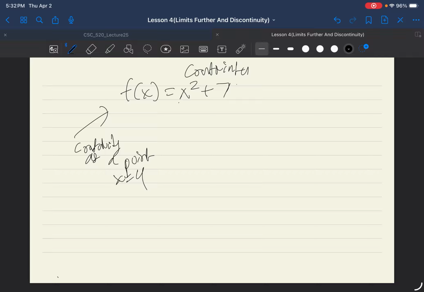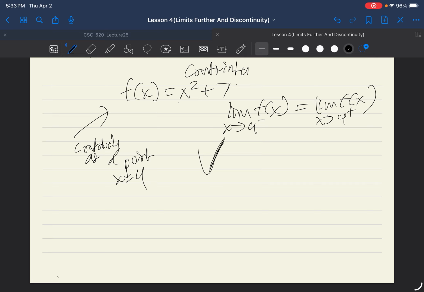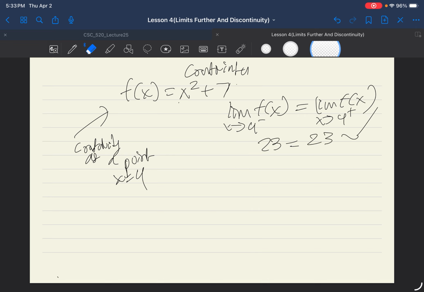So that means the limit as x approaches 4 from the left of f of x must be equal to the limit as x approaches 4 from the right of f of x. And we obviously know that they will be the same thing. As it approaches from the left, like in the standard quadratic, we know that it will approach the same place from the left as it will from the right, meaning since 23 is going to be equal to 23, check. That means the first condition is met.